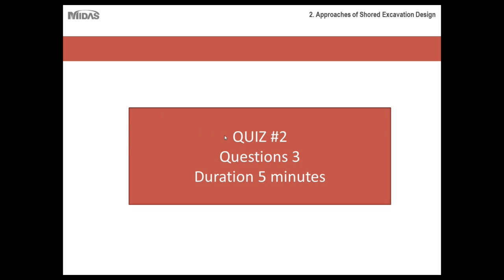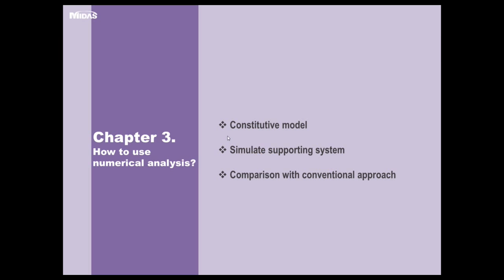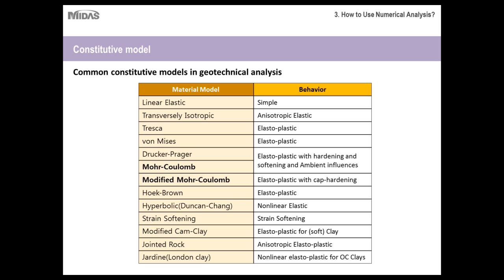So let's move on to chapter number 3, how to use numerical analysis for performing the deep excavation supporting system design. Let's start with the constitutive material models. As you can see from this slide, there are different types of material models, and they are used to simulate different behavior depending upon the soil.